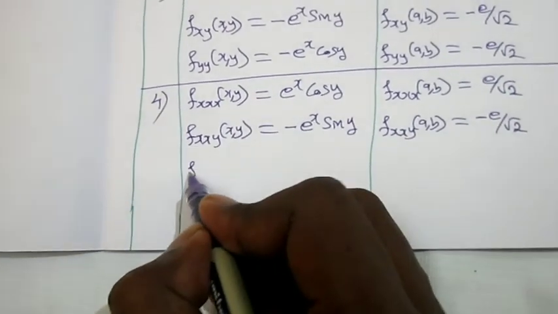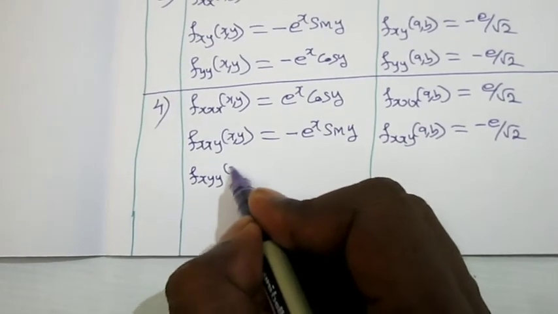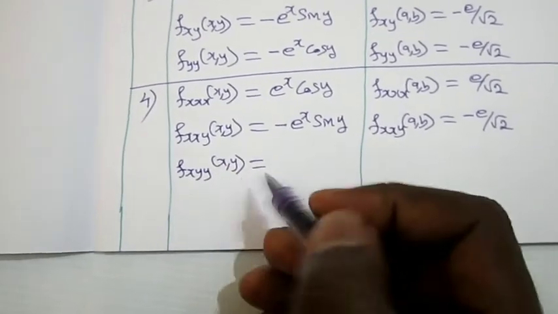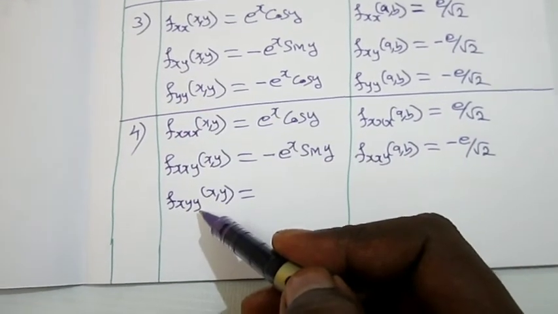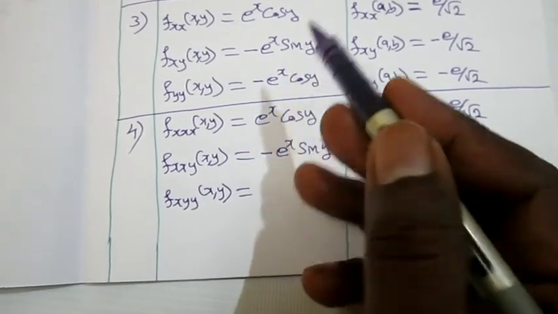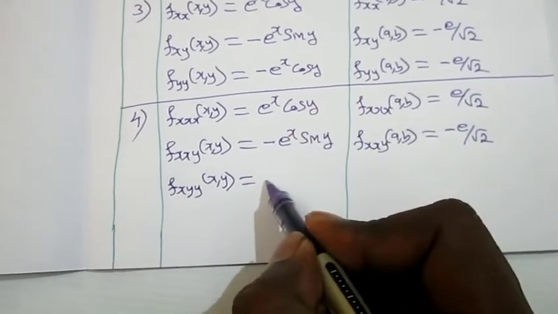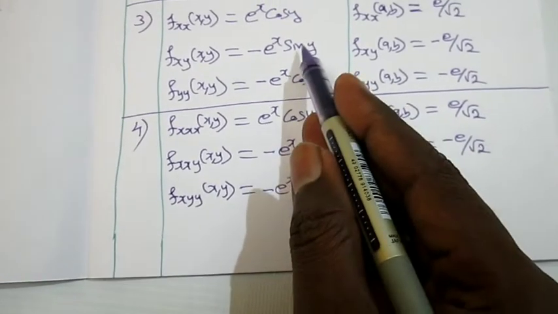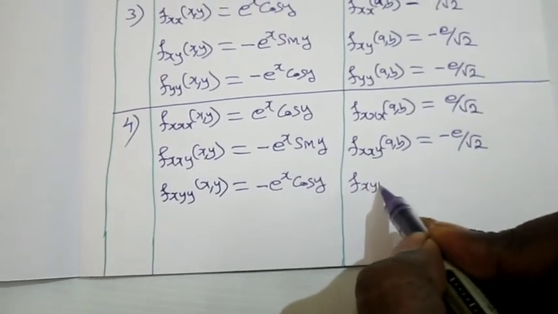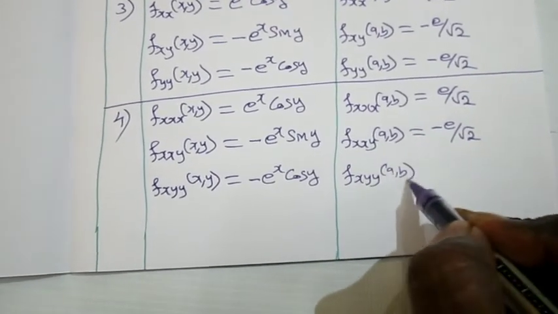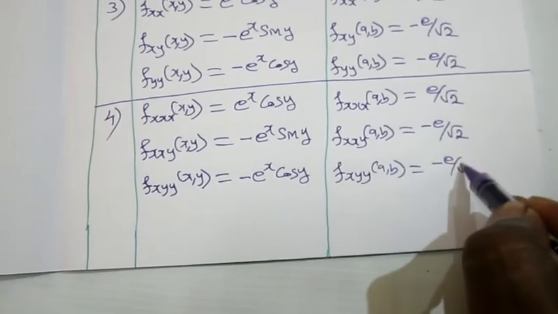Next, fxyy of x comma y. Already we found fxy, so I differentiate with respect to y. Sin y differentiated is cos y, so here minus e power of x cos y. So this is fxyy of a comma b, which is minus e by root 2.